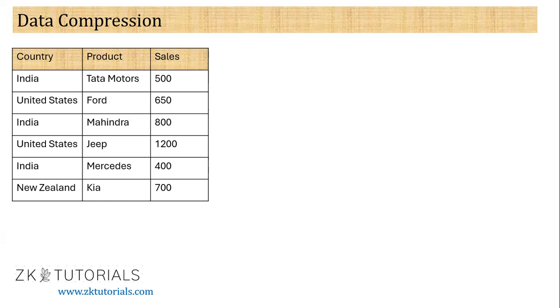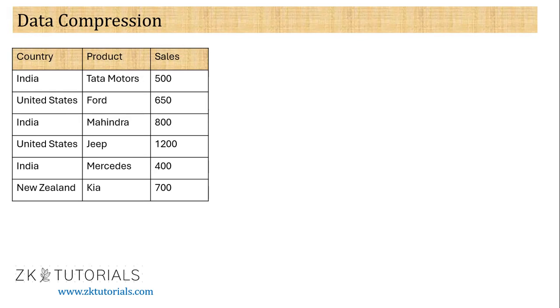Okay, now let's take an example. Here in this table, you can see the sales information of different products in different countries: Tata Motors in India, Ford, Mahindra, Jeep, Mercedes, Kia. As we know, SAP HANA by default uses dictionary compression to compress all the columns in a table.